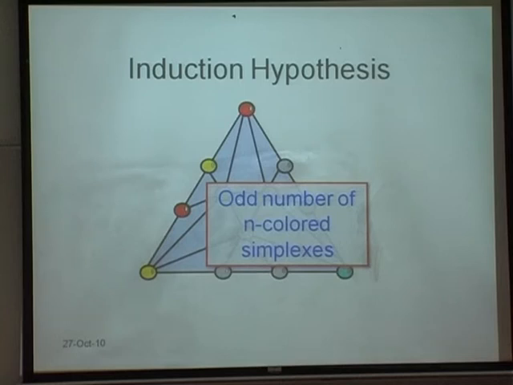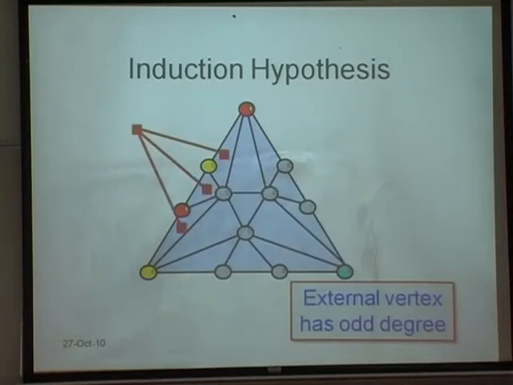By the induction hypothesis, there are an odd number of n-colored simplexes here. So this is a correct but not optimally clear slide. This is where we use the induction hypothesis. What that implies is that there are an odd number of simplexes that are colored with both red and yellow. And remember our rule for drawing an edge, that says the external vertex has odd degree.